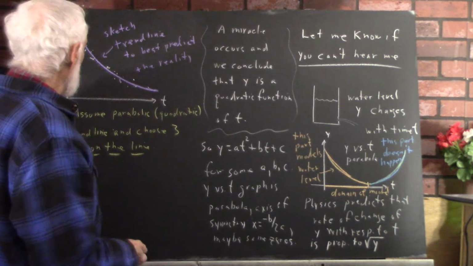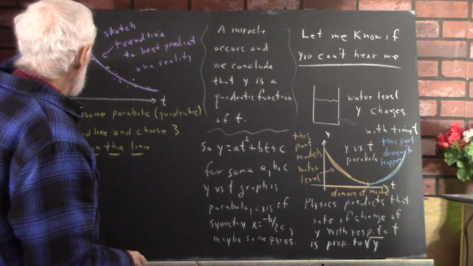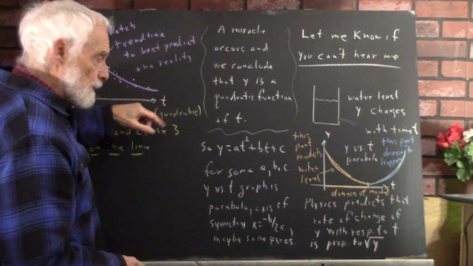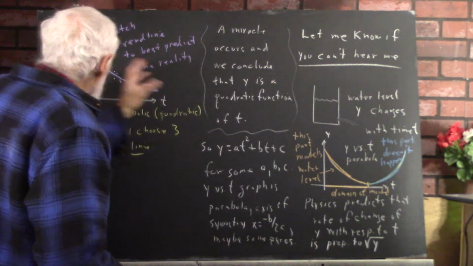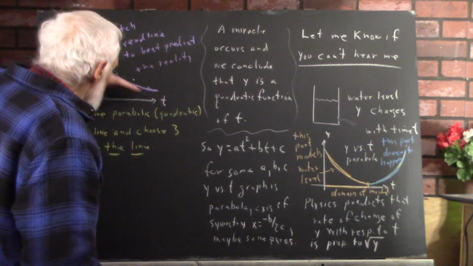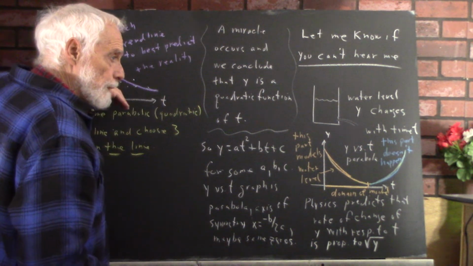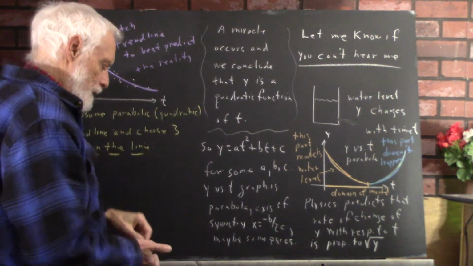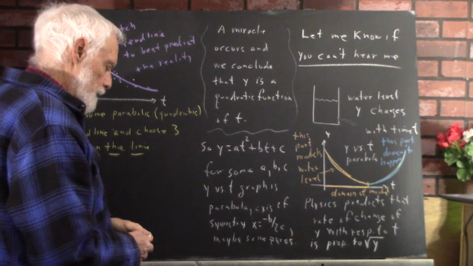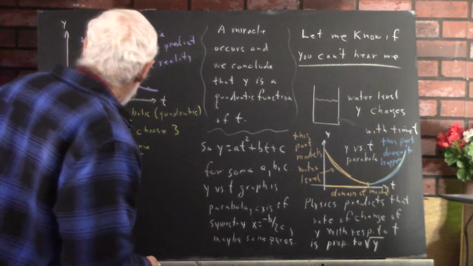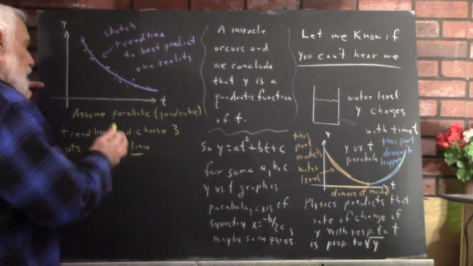It's also a real bad idea to draw your trend line so it goes through any specific data point. You want to follow the trend, not wobble around trying to find data points. You sketch the smooth curve that the data points seem to imply. Okay, so we're trying to get the reality.